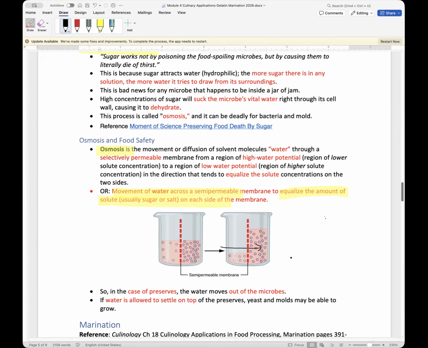Other places where we see osmosis, when we think about bacteria, right? If we have a high sugar content or a high salt content, it draws the water out of the microorganism and kills the microorganism, because the water moves into the higher concentration.